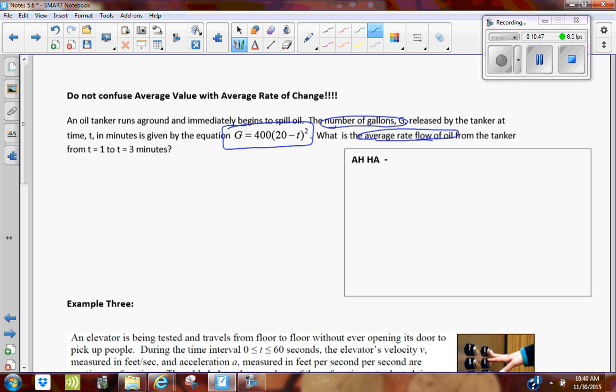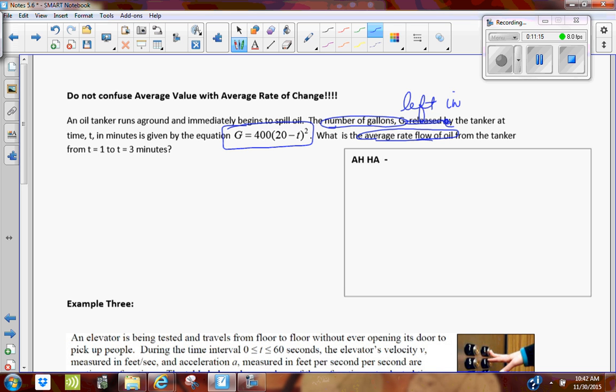But what is having the maximum? Left in the tanker? I agree. Left in by the tanker? Left in the tanker.